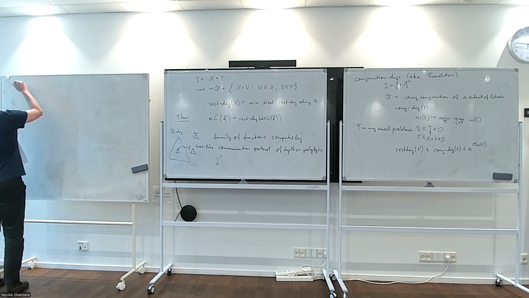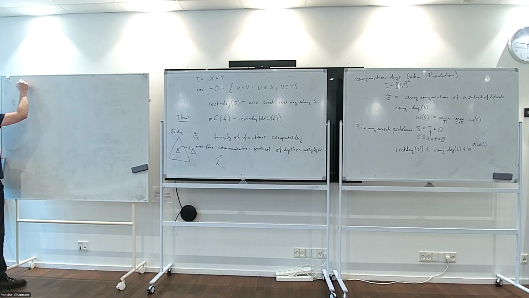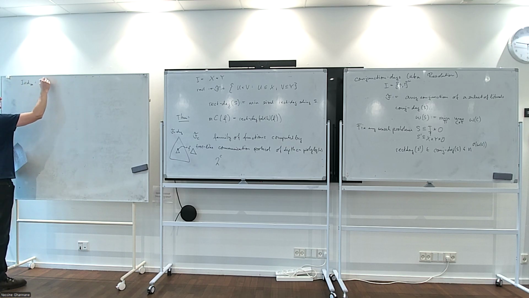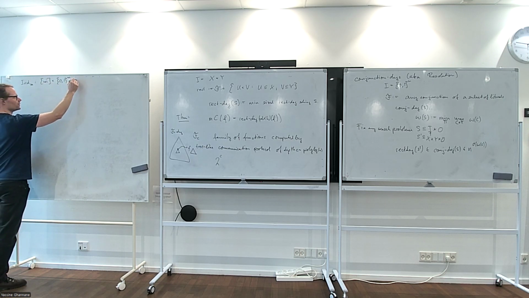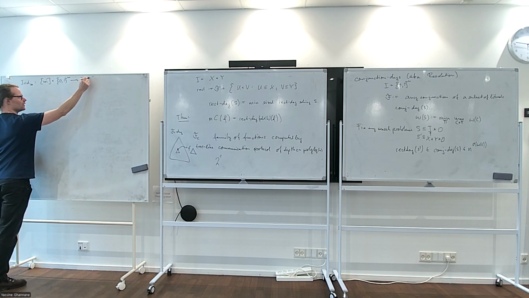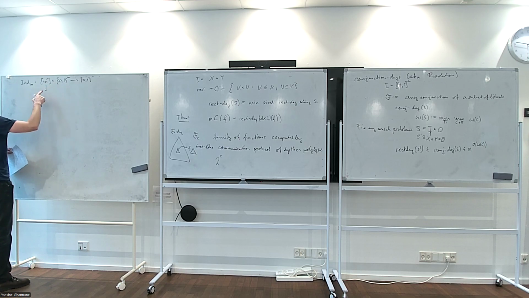So, I need to recall the indexing gadget. We have the indexing gadget, index sub n, mapping n times {0,1}^n to {0,1}. How does this work? Well, we should think of this first input as an index into this large bit string.